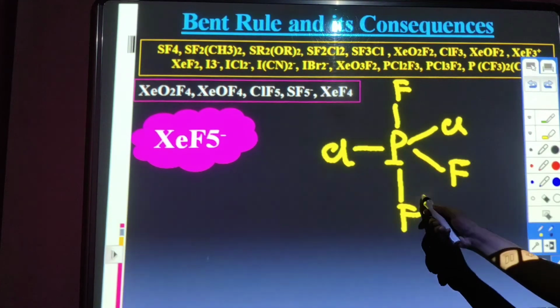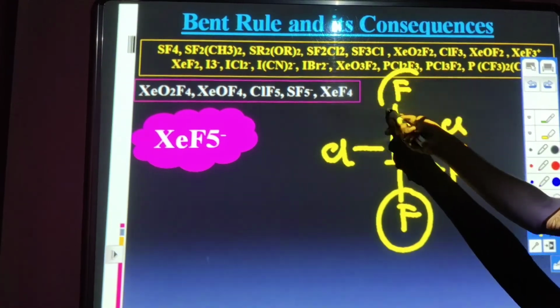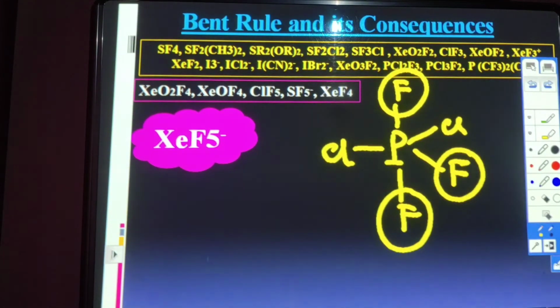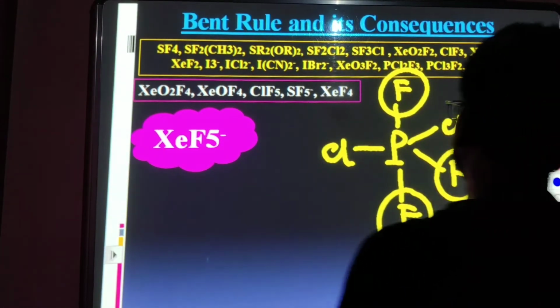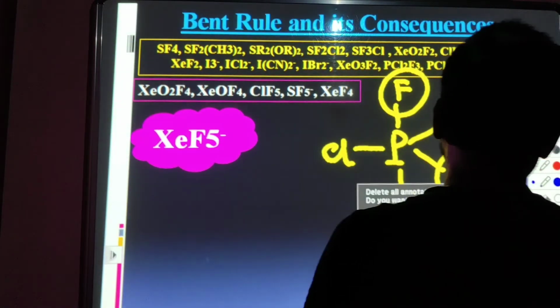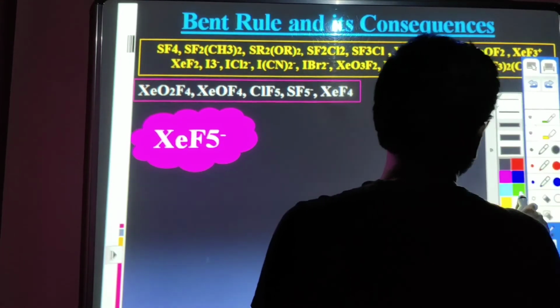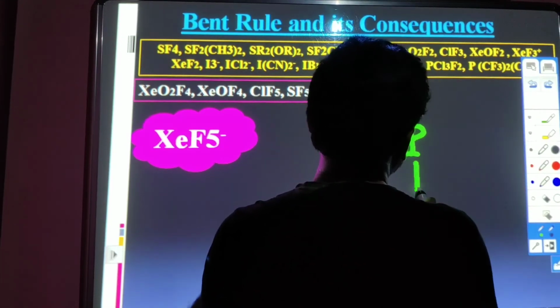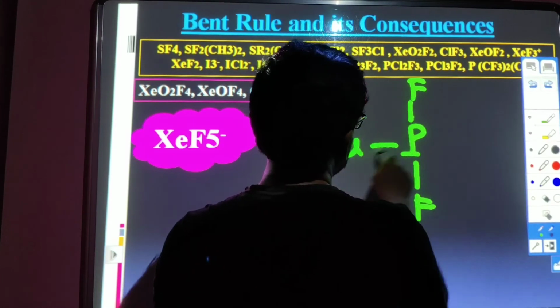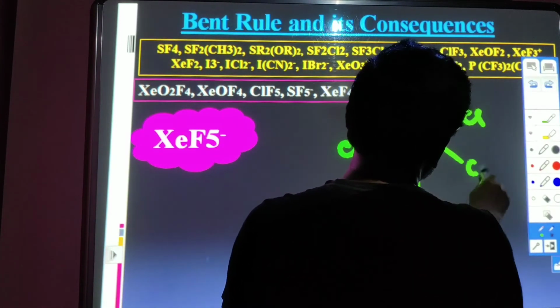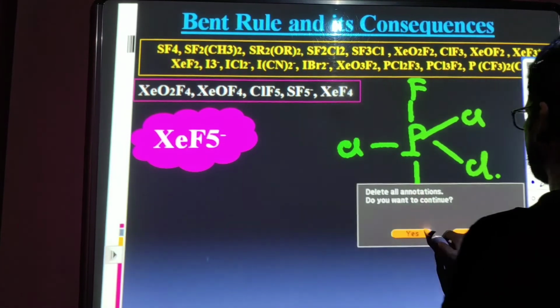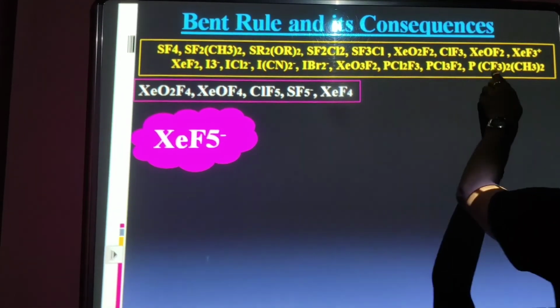Put the first 2 F in the axial positions, then the rest you just put in equatorial positions. Done. PCl3F2, very simple. This is P, first put F, and this is Cl, this is Cl, this is Cl. Done.